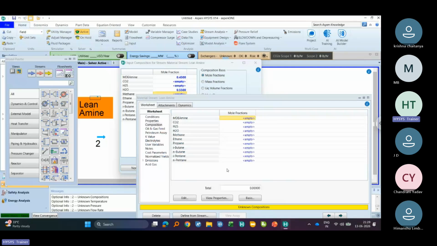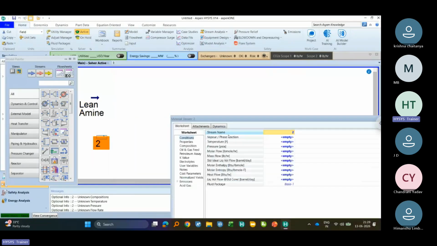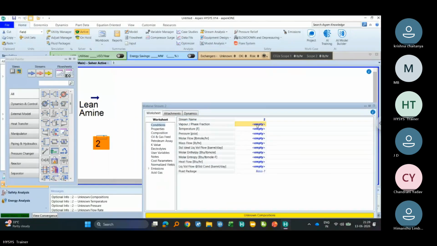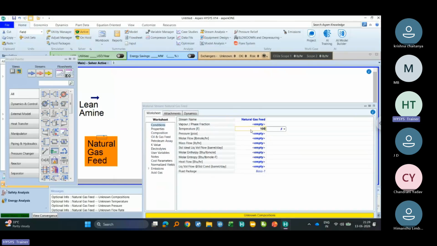Similarly, we will simulate this natural gas stream. Temperature is 100 Fahrenheit. Pressure is the same, 824.7. Molar flow rate is 10 MMSCFD.